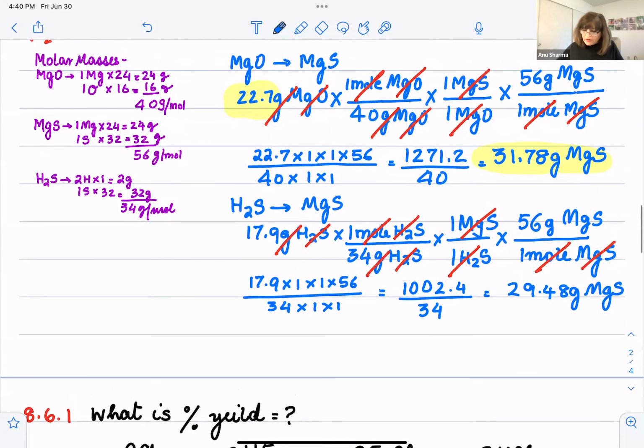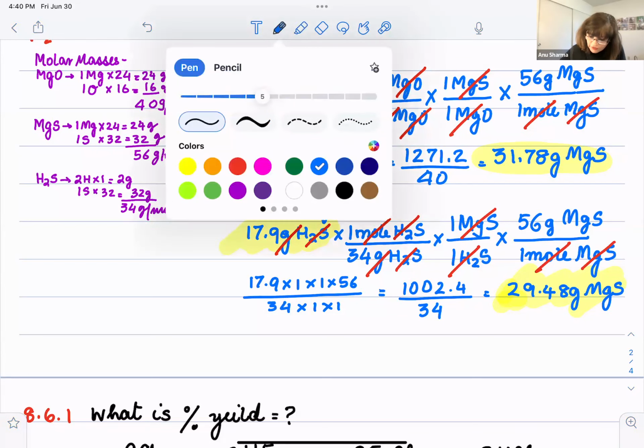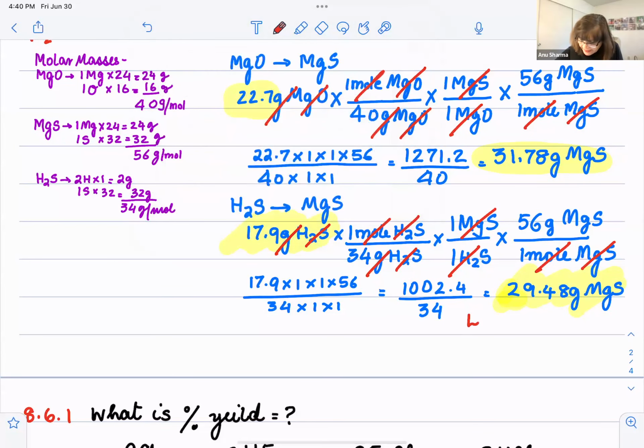So you see here, which one is giving you less? When you used 17.9 grams of H2S, you were able to produce 29.48 grams of magnesium sulfide. So the one that gives you less is the one that is acting as a limiting reactant, because you're able to get less.